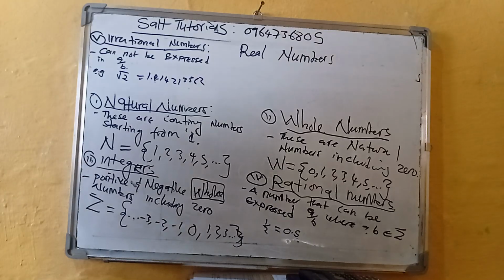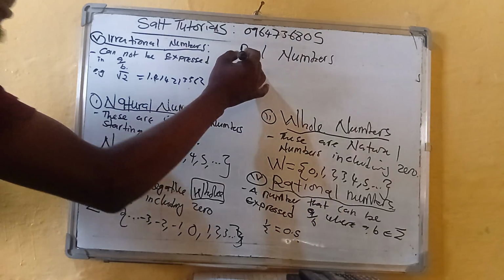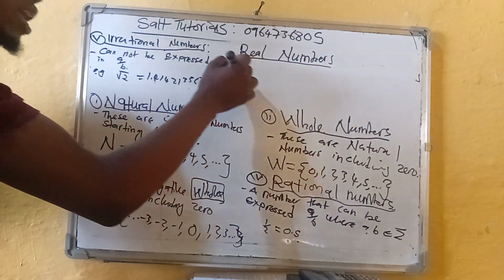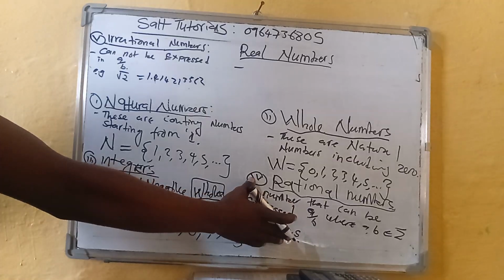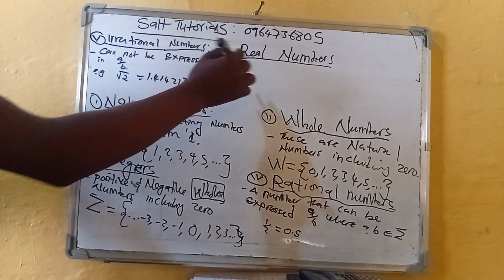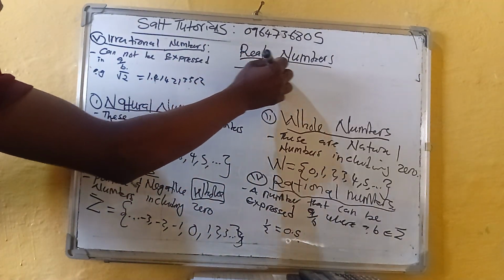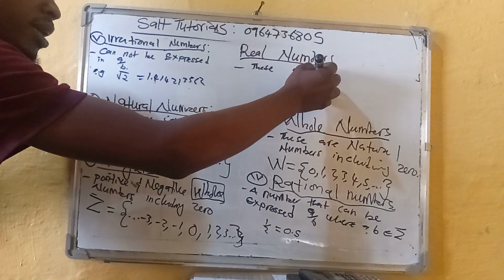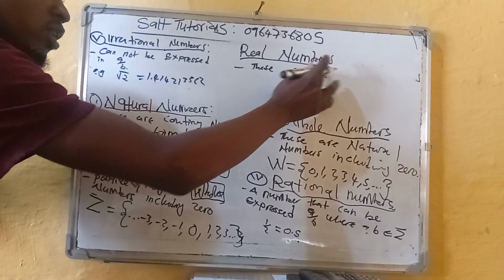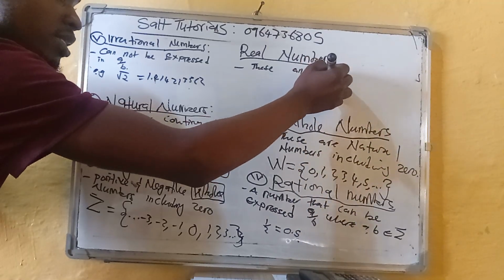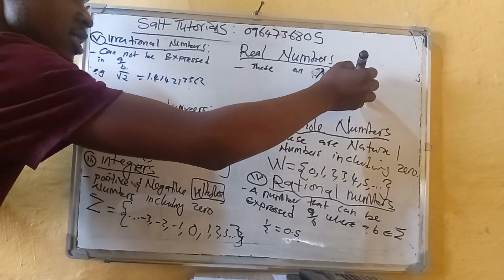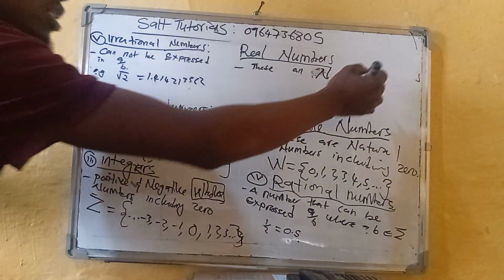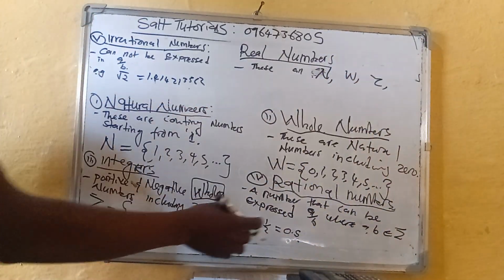So this time around, we're trying to look at the aspect of real numbers. What are real numbers? Real numbers are basically a combination of rational plus irrational. So we're talking about natural numbers, whole numbers, integers, and rational numbers.